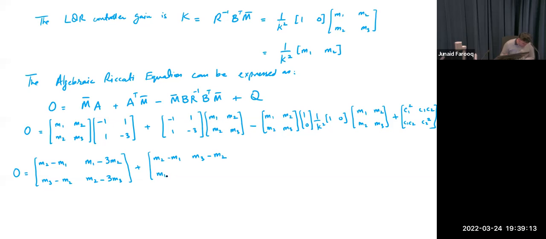Okay, this should be the same. So M3 minus M2, and then this will be again M3 minus M2. And then we get M2 minus 3M3 minus M1, M2, M3.